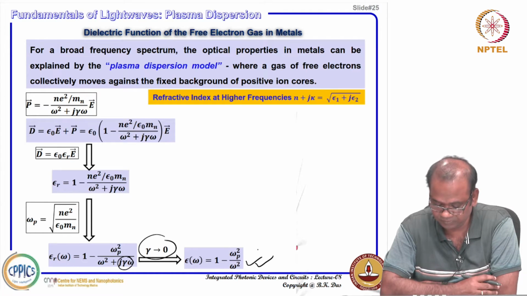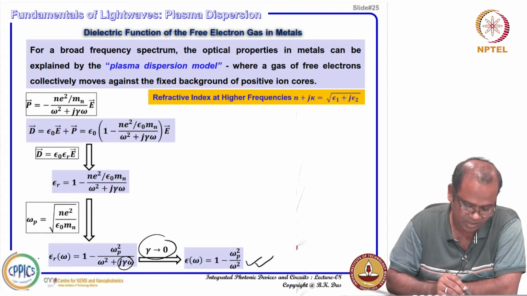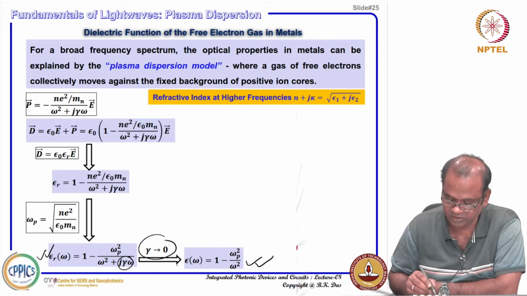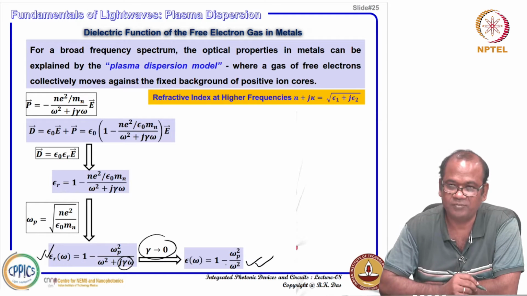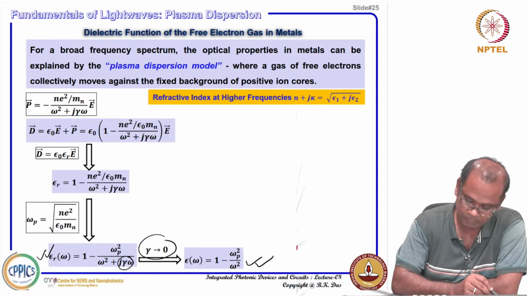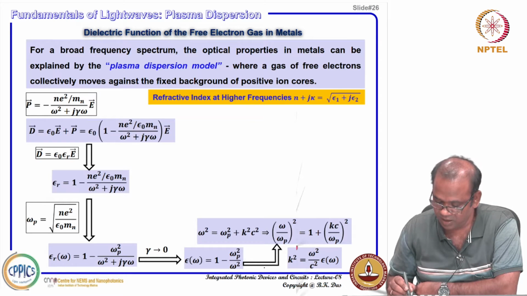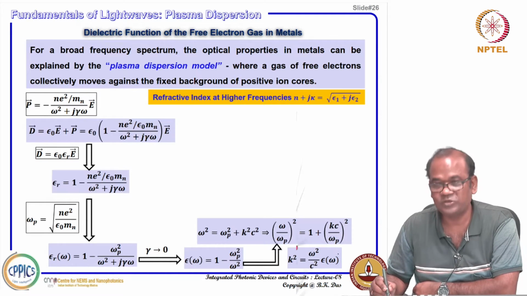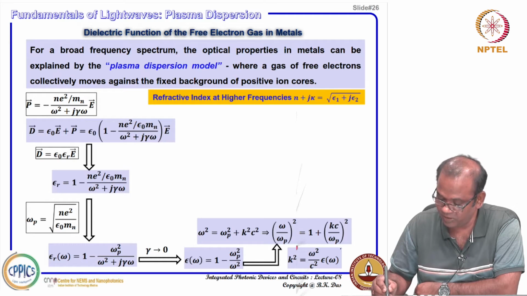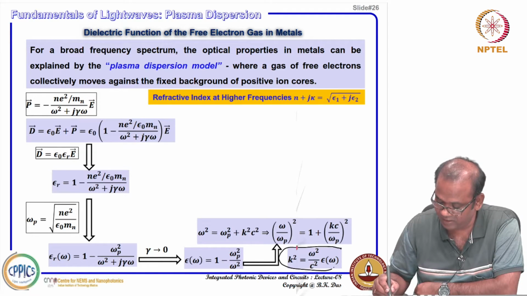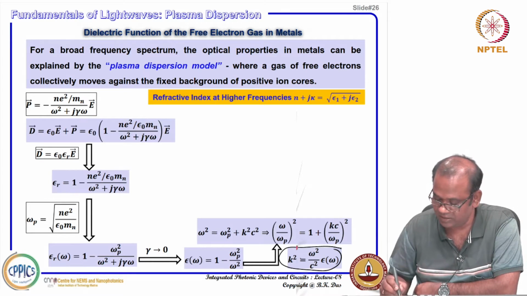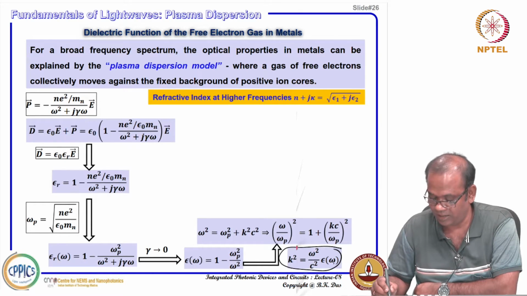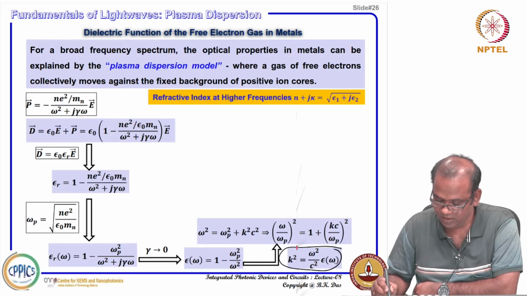Then I can obtain this expression, where the dielectric coefficient can be expressed in frequency-dependent form as 1 minus omega p square by omega square. Okay. So, now what is happening? I know that for a transverse wave, the dispersion relation between k and omega, which we have already discussed earlier, is k square equal to omega square by c square times epsilon of omega. Okay.